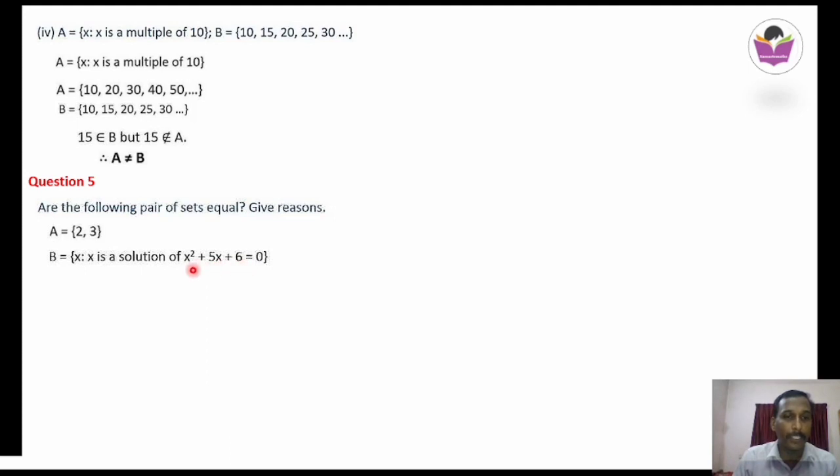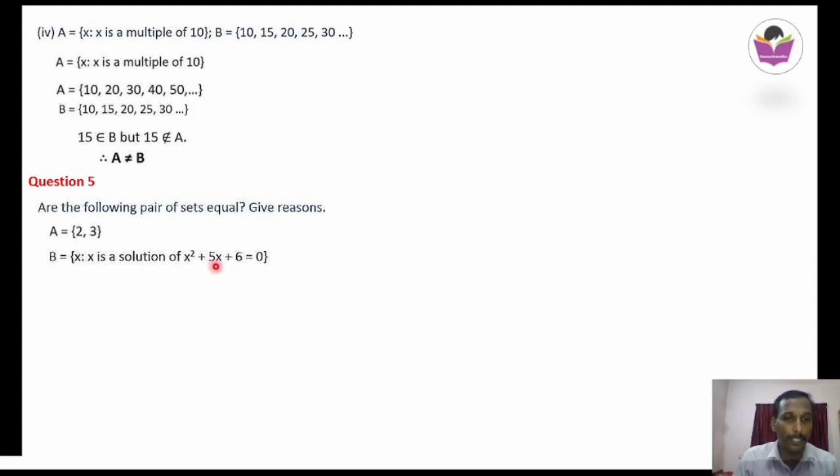Here x square plus 5x plus 6. I am using splitting the middle term. When you check here, the product of the first term and the last term means 1 and 6. 1 into 6, the product is 6 and the sum is 5, the middle term. So product 6 and sum 5 mean 3 and 2 are the numbers, because 3 plus 2 is 5 and 3 into 2 is 6.